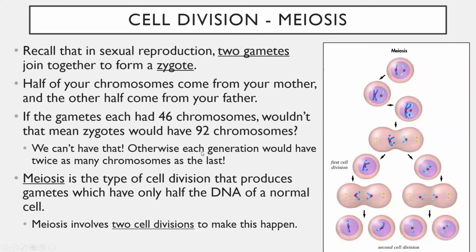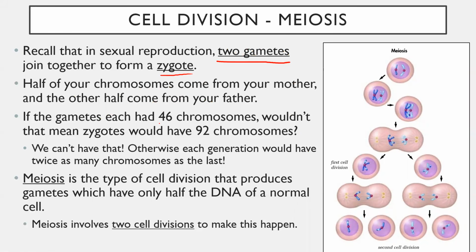Now, meiosis is a very similar process. You don't have to know the technical details. You don't have to know the exact pattern that it flows through. But what you really need to know about meiosis is that meiosis is used for forming the gametes, right? So for males, it would be for sperm. For females, it would be for eggs, right? Now, remember that 2 gametes join together to form a zygote. Therefore, half of your chromosomes come from your mother, half come from your father.